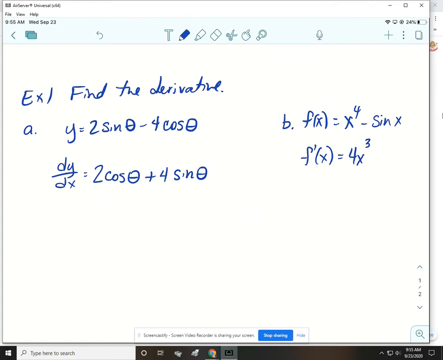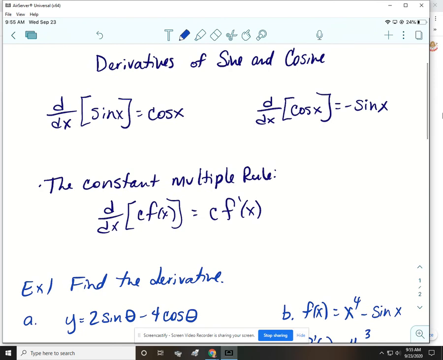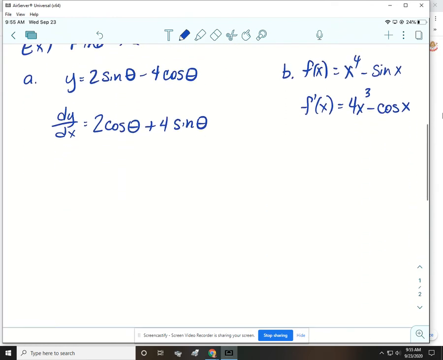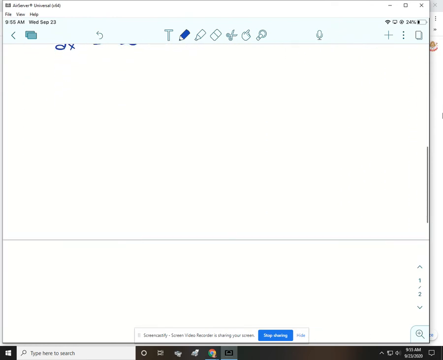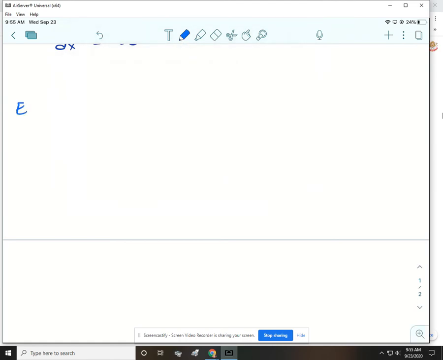And then the derivative of negative sine of x is going to be negative cosine of x. Okay. So just anytime you take the derivative of sine of x, you get cosine of x. Anytime you take the derivative of cosine of x, you get negative sine of x. All right, and this last example, we're going to do more.